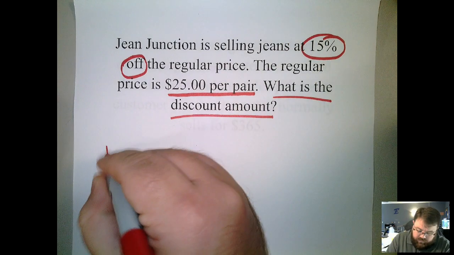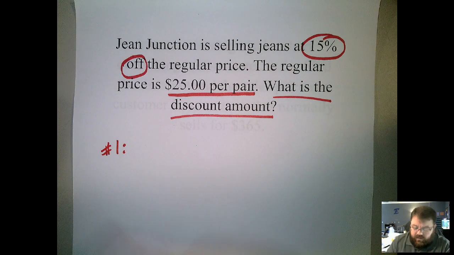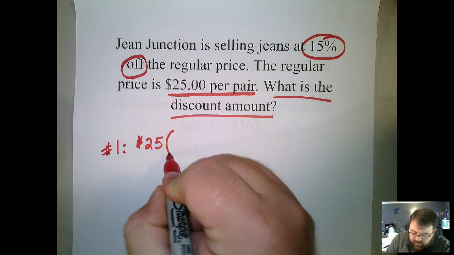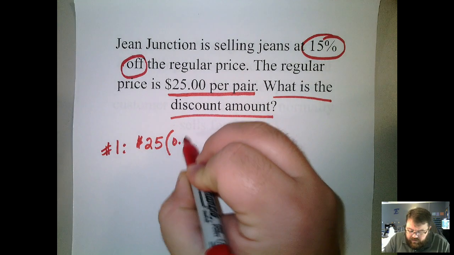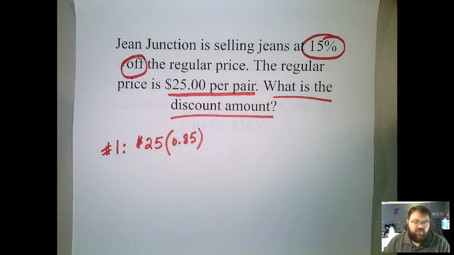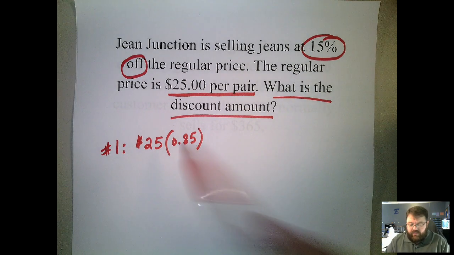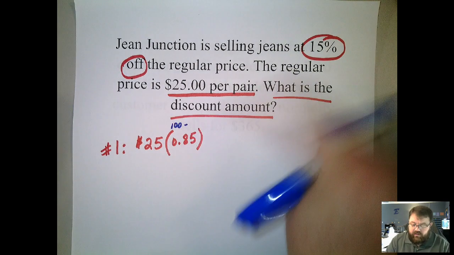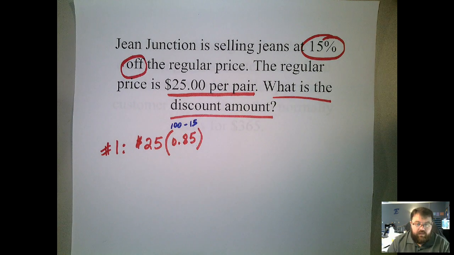So option number 1 in solving these problems is taking the $25 and multiplying it by what you are going to be paying. And that is 85% of the cost. And the way that I got this number is I simply took 100 and I subtracted the 15 to get 85. Okay?